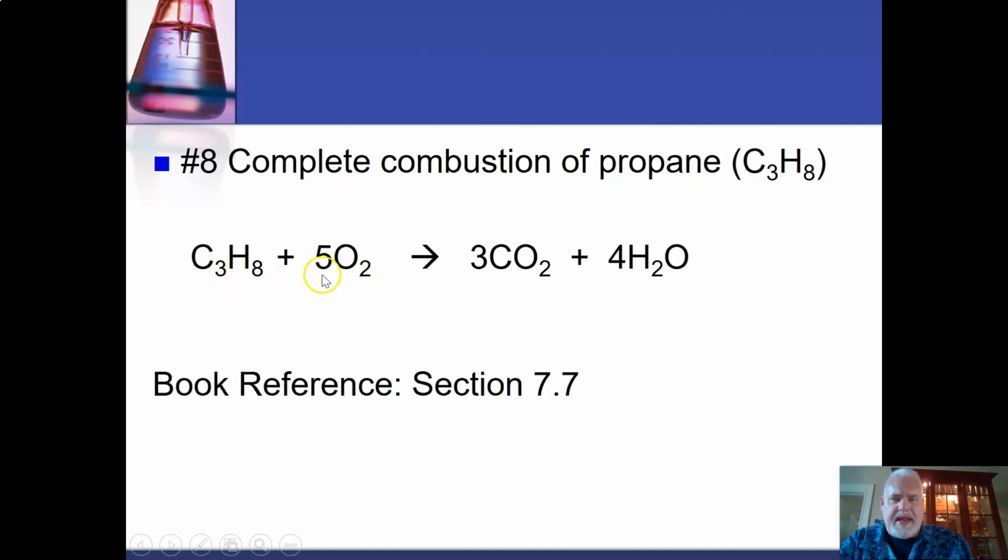And it's reacting when you're combusting something, you're actually reacting with oxygen. And, of course, in complete combustion, the products will always be CO2 and H2O. So the only thing that would be different would be possibly the hydrocarbon that you have. The book reference for combustion is section 7.7. They talk about combustion reactions.